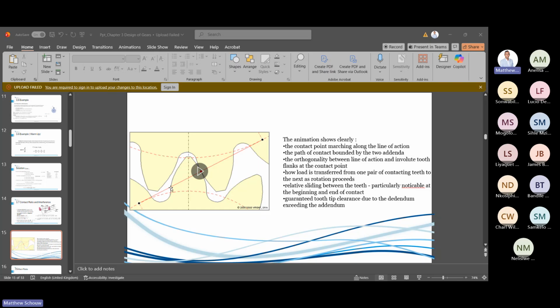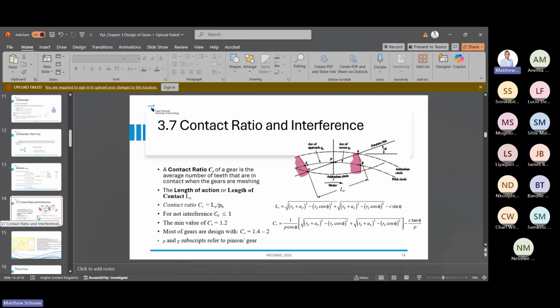As I was saying, there's a particular point, and if I just do this, you'll notice the point is moving on some kind of straight line. Now, this straight line of where the gears are meeting, right? It's to do with, and I believe it is covered in mechanics of machines, but I'm not sure, but obviously I'll reiterate, it's called the length of action, or the length of contact, right?